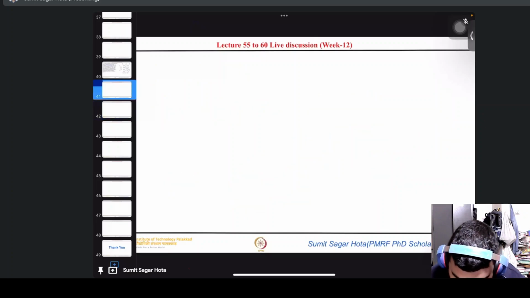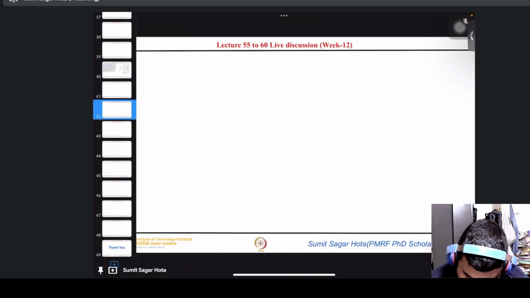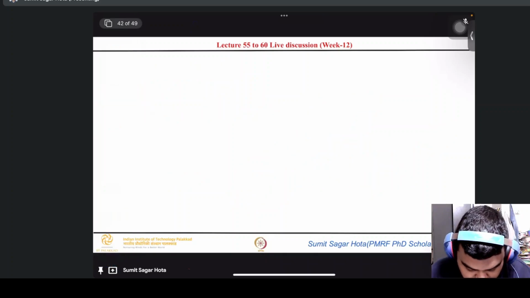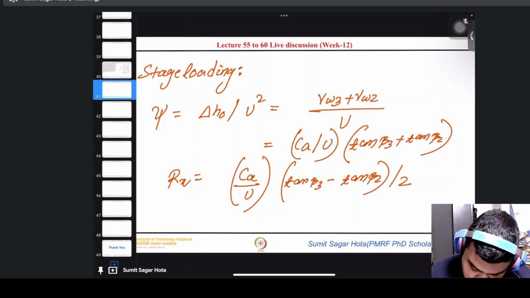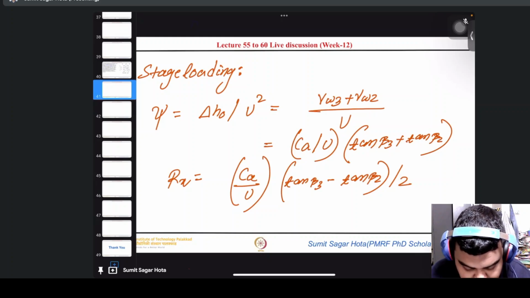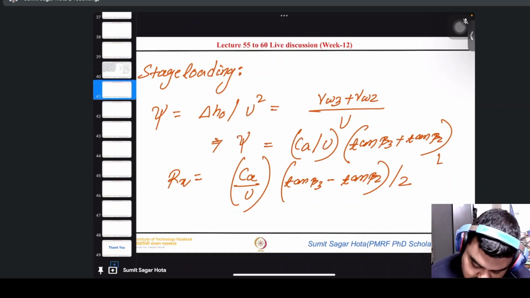So we now know the formula for tan beta 3. Now we have to simplify these above equations. There are two equations, one with psi, this is your psi, let it be equation number 1, and this is equation number 2.